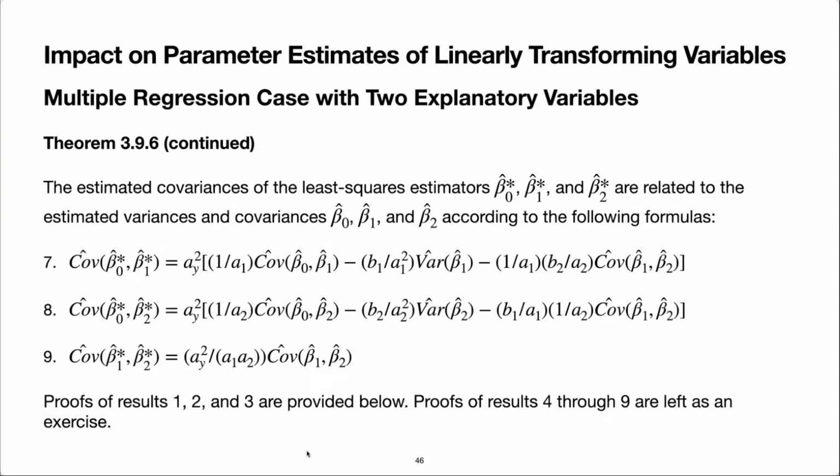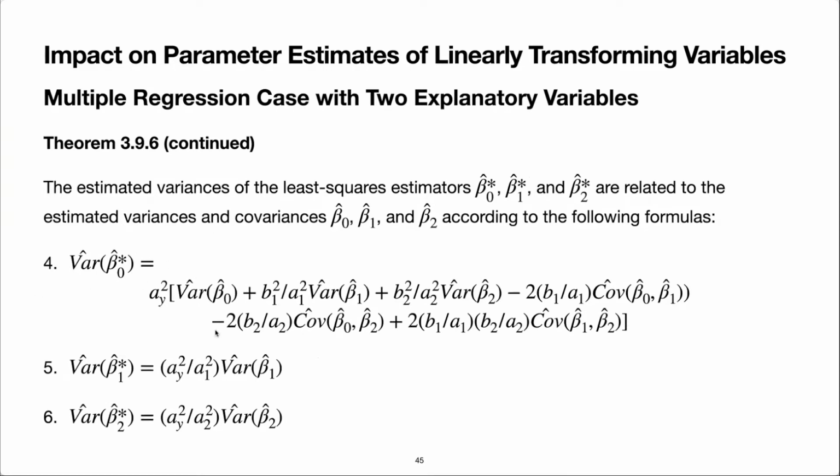Now, proofs of results 1, 2, and 3 above are provided below. Proofs of results 4 through 9 are left as an exercise. And before we move on, let me just point out that on the previous slide we were looking at the estimated variances of beta 0 star hat, beta 1 star hat, and beta 2 star hat.